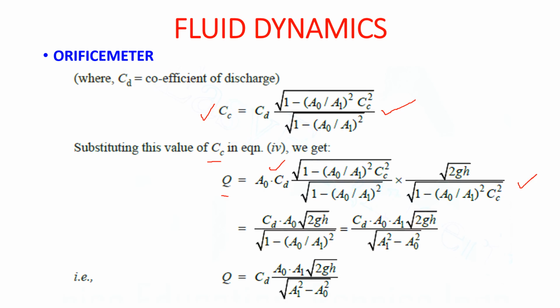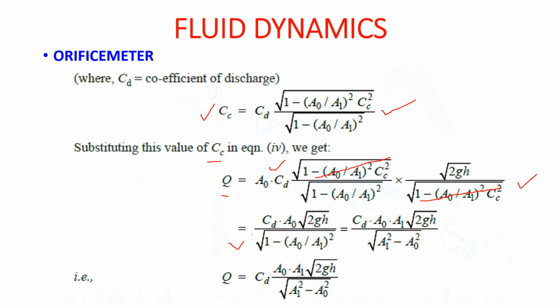So we can cancel this term, 1 minus (A naught by A1) bracket square Cc square, and this under root 1 minus (A naught by A1) square Cc square. They are similar terms. So now we get Cd into A naught under root 2gh, that is the numerator terms, divided by under root 1 minus (A naught by A1) bracket square.